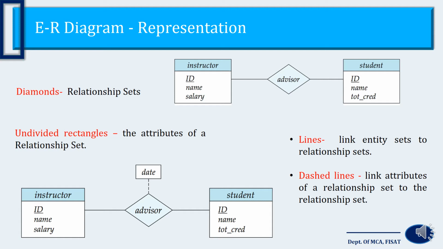And to link the entity sets to the relationship sets, lines are used. Okay, if you have any attributes for a relationship set, they can be represented by means of undivided rectangles, and a dashed line is used for linking these attributes to the relationship set. The date is an example. The date is an attribute of the relationship advisor, so it is connected. This date is represented by means of a rectangle and it is connected by means of a dashed line to the diamond box advisor, right?